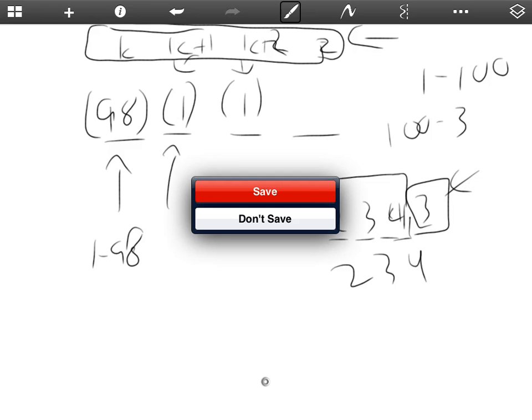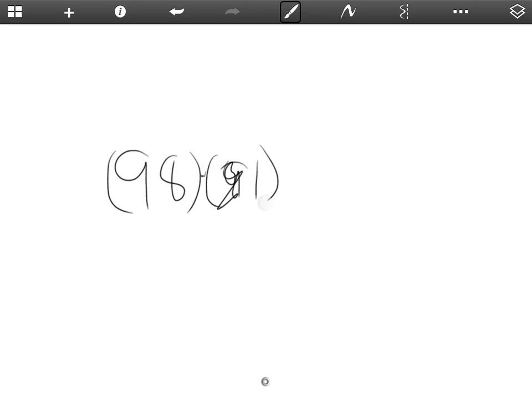So, here, let me just get a blank slate again. How many options do you have? You have 98 times 1, and then 100 minus 3 is 97. Right? And this is a permutation, so does order matter or does it not matter in a permutation?